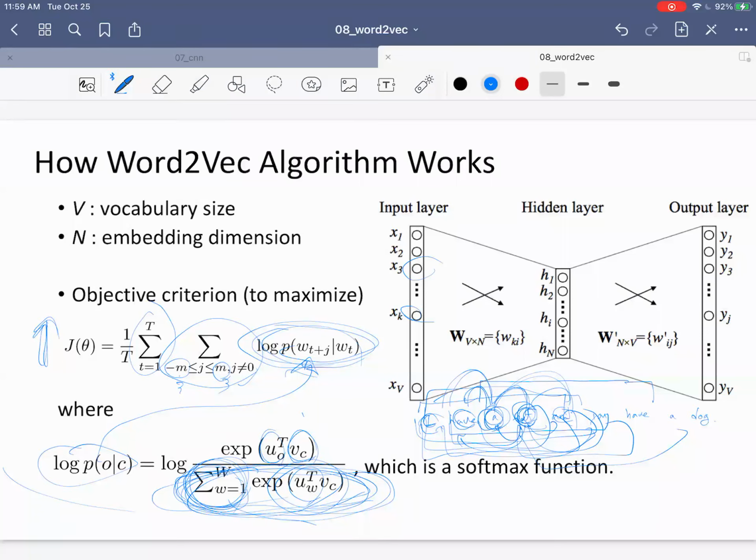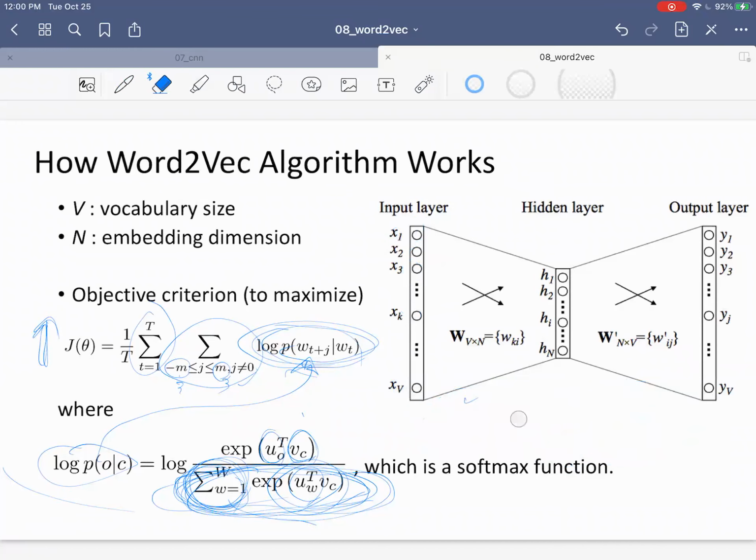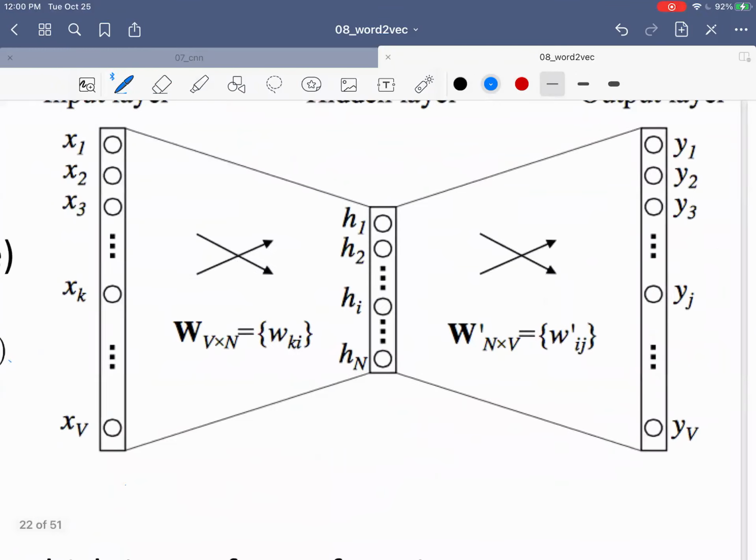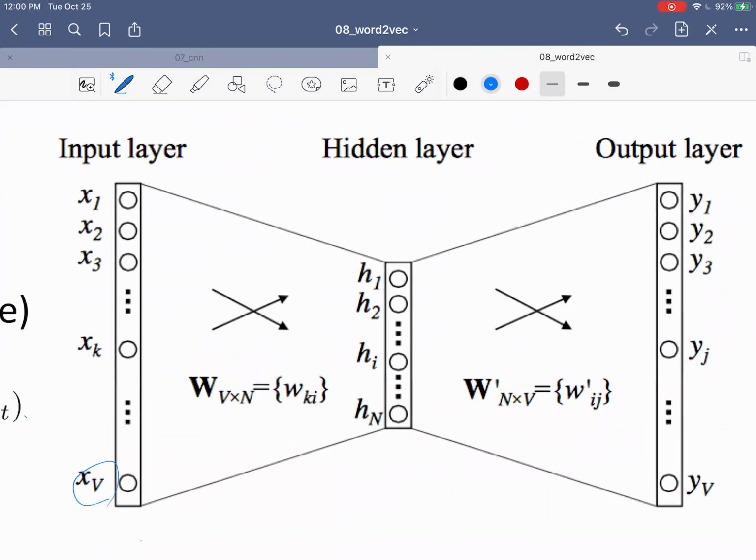So you can think of this as a one-hot word vector, 1 to V. In your English dictionary, there's V number of words. So it could be 2,000, 20,000, or 30,000, 50,000, and each dimension occupies a single word. So it could be a, and, boy, all the way to zzz, right?